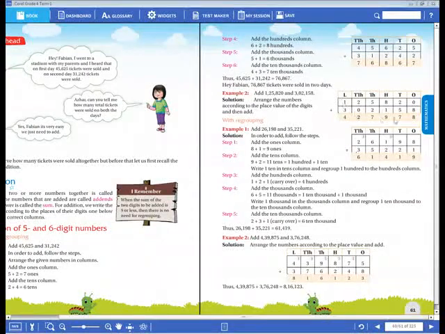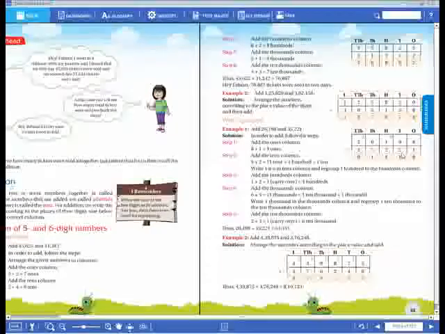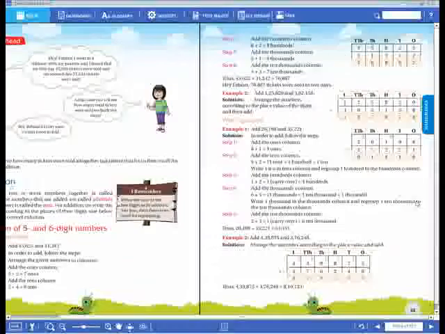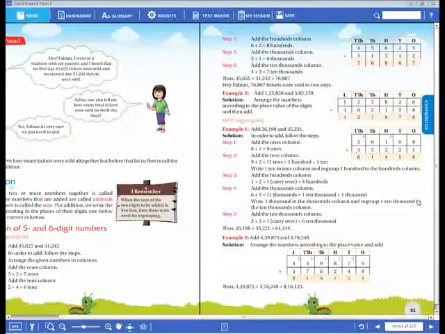Now, when we take the example with regrouping, 8 plus 1 we get 9, 9 plus 2 we get 11. Yes or no? When it comes to 11, can you insert 11 as it is in the answer? No. The ones digit we keep, and the tens digit we give as carry to the next place value.